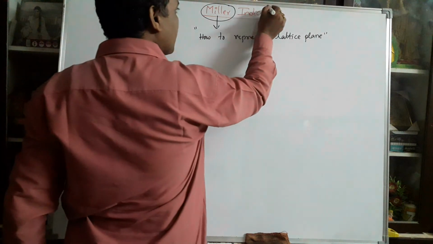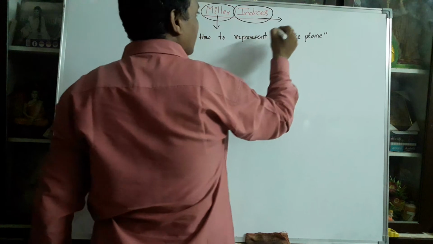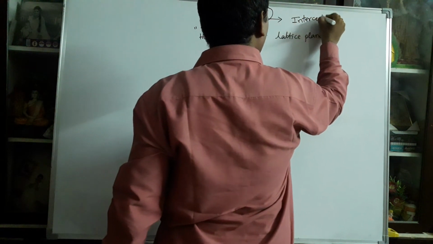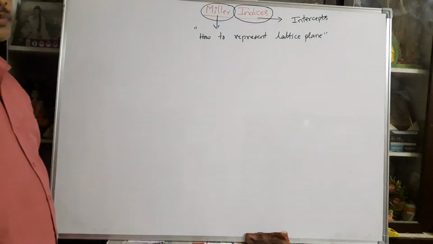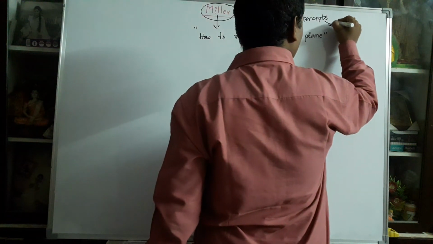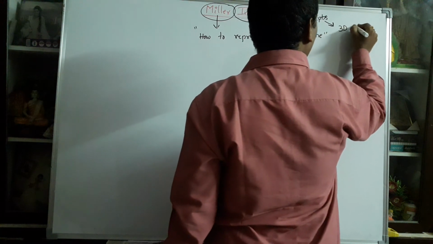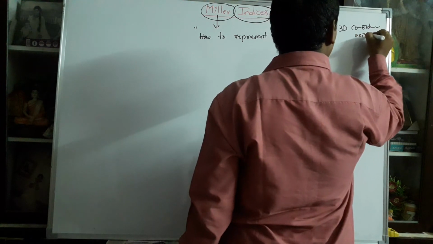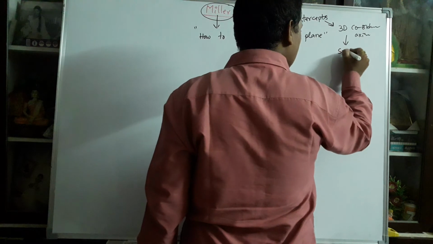So what is the meaning of indices? Actually, indices are nothing but intercepts. Miller indices are nothing but intercepts. How are intercepts obtained? You get the intercepts along the three-dimensional coordinate axes. The three-dimensional coordinate axes are the space lattice.